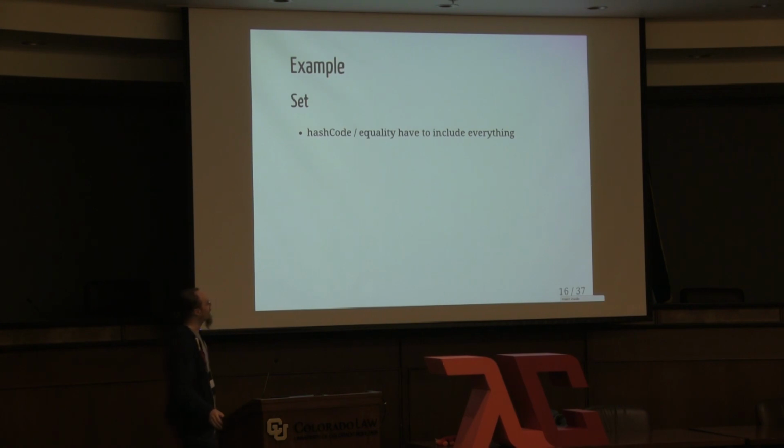So I was coming back to the idea of Set and the idea that everything has to be of the same length. I did some experiments with it, and it actually kind of works, but only if the hash code and the equality, which in case of the JVM, or Ord in case of Haskell, include everything.